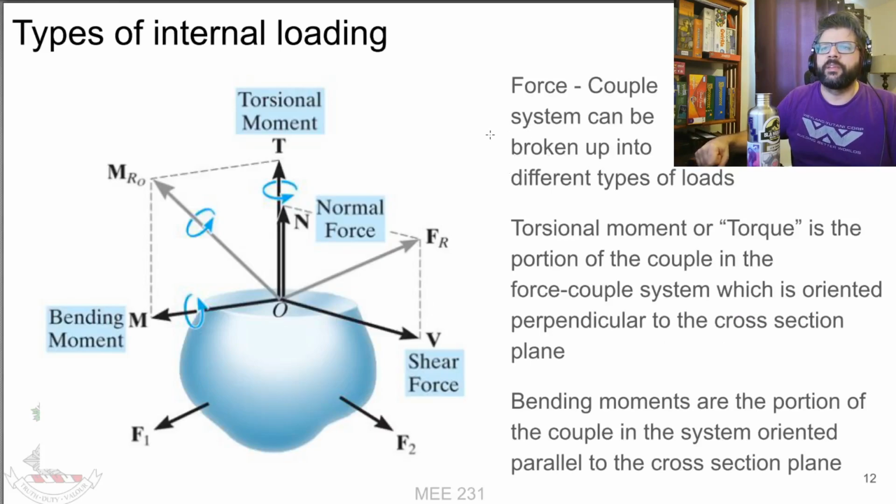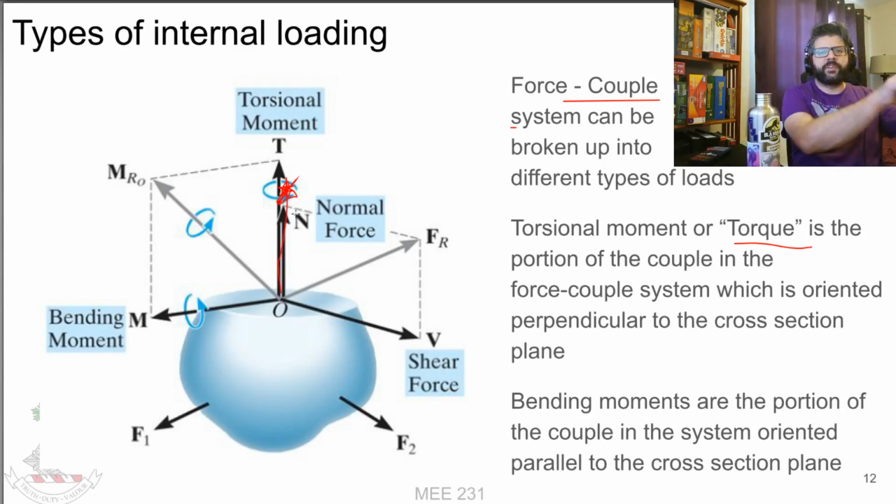We also break the couple of the force couple system up. The torsional moment, or torque, is the portion of the force couple system that's oriented perpendicular to the cross-section plane. Or to put it another way, it is the twisting motion acting about the axis sticking out of that plane.